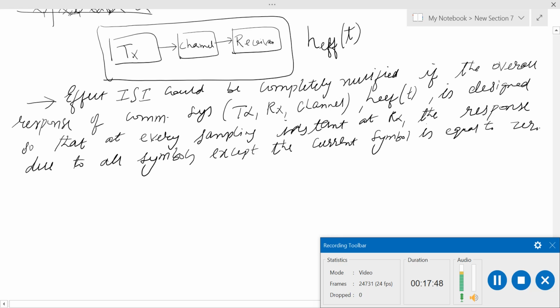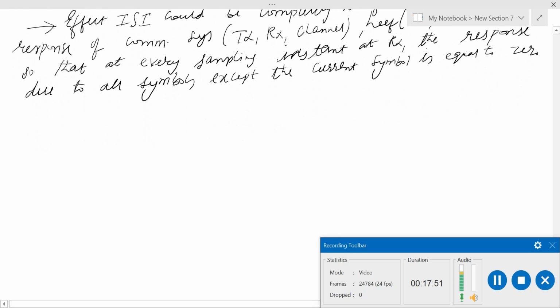Now, how can I represent this mathematically? Suppose I will bring in some notation. Suppose TS is the symbol period, right? So I actually sample after every TS time interval. Okay, that is sufficient for me. And then the effective impulse response, since I'm sampling, so I will use discrete n TS.